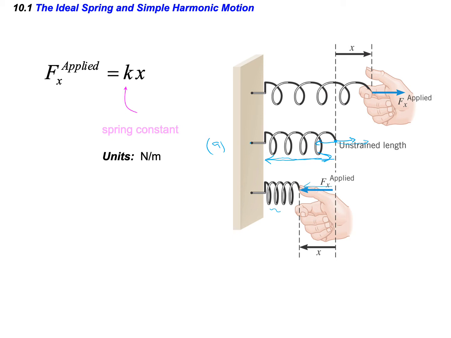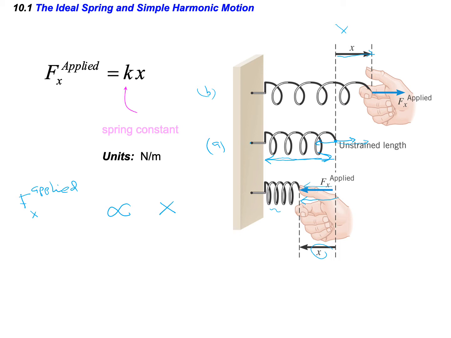Every time, in this case, let's say B, if you apply a force you see it expand by length x, and when you apply a force in the negative x direction, you contract again by about the same amount. So the applied force along the x direction is proportional to the length stretched or compressed.